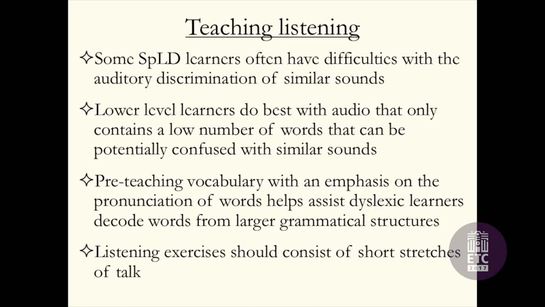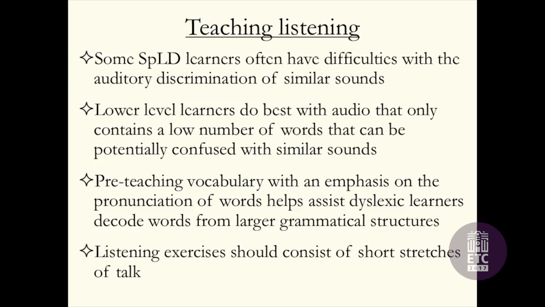So if we're thinking about stabilizing sounds and introducing sounds, we should really think about how we do that and how we introduce this information. Because if we're introducing sounds that are similar, it's going to be very complicated and it's going to be hard. So lower level learners do best with audio that contains a low number of words, and that way they cannot confuse them and the sounds are different.